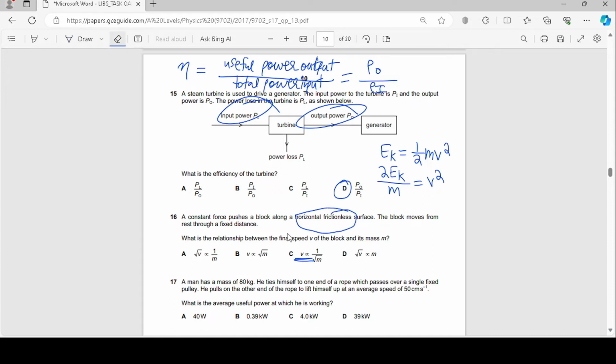So that would probably mean, according to Newton's first law, that an object will remain at rest or keep moving at a constant velocity unless acted upon by a net resultant force. And since it's a horizontal frictionless surface, you have the law of inertia, right?